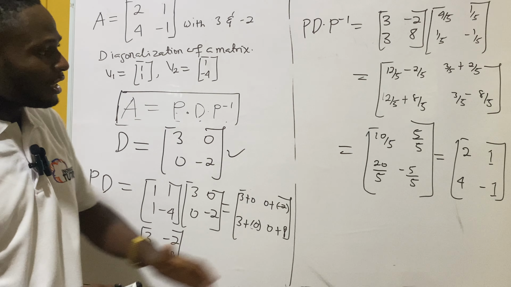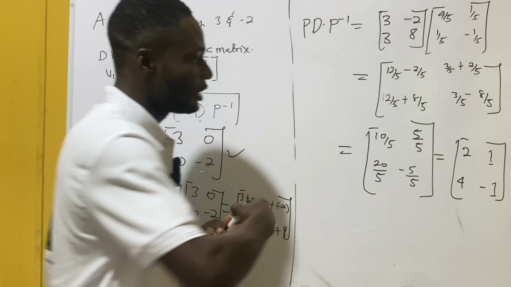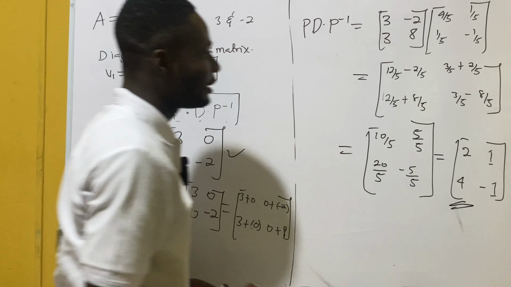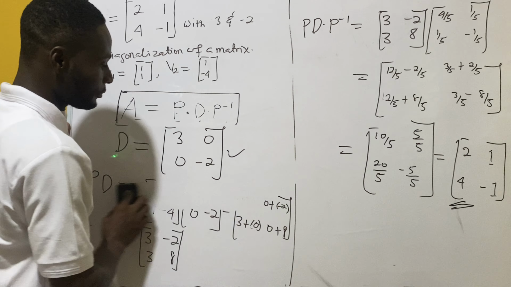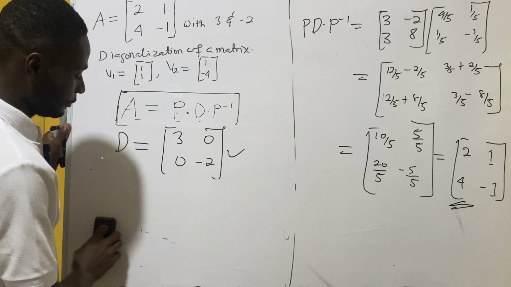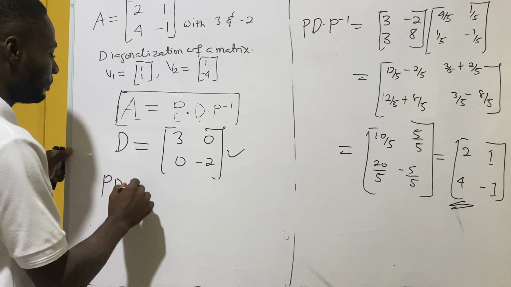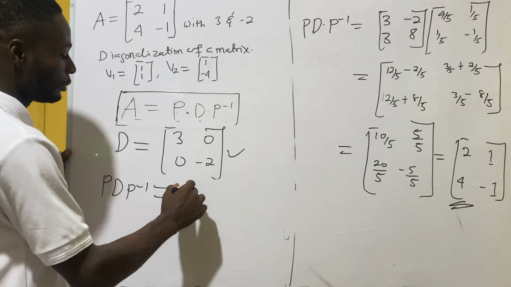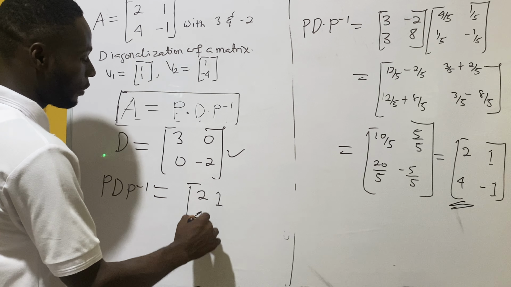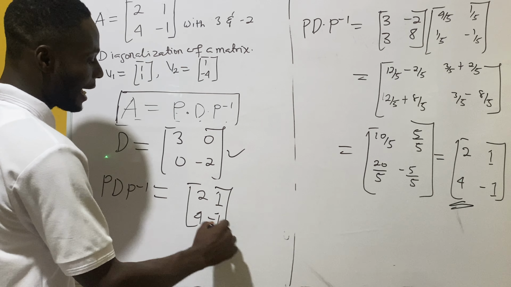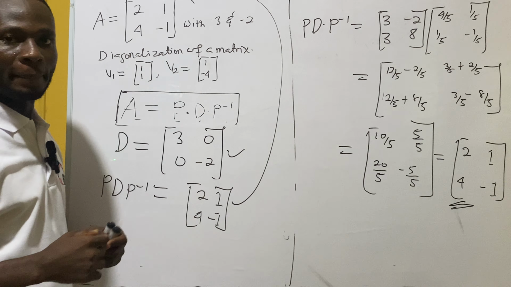You can see the result over here: our PDP inverse is equal to 2, 1, 4, 1, and that is the same as the matrix A, right?